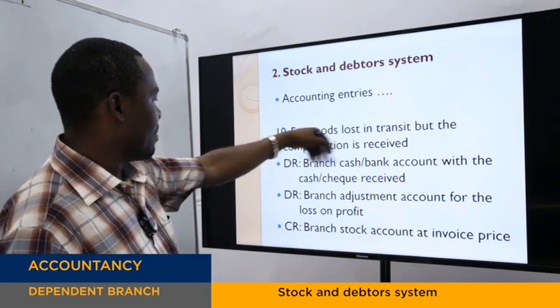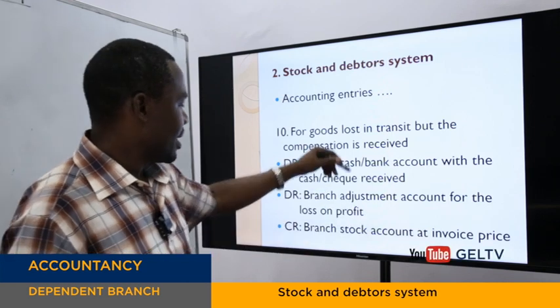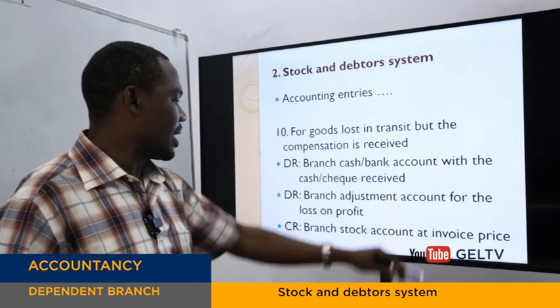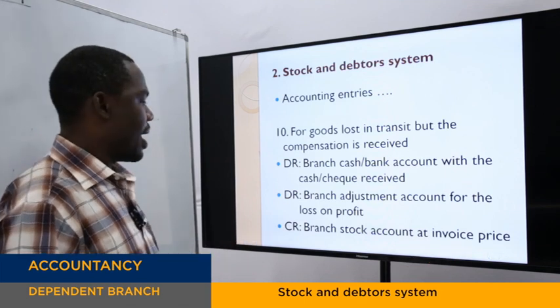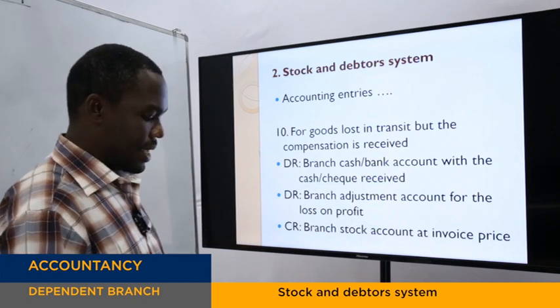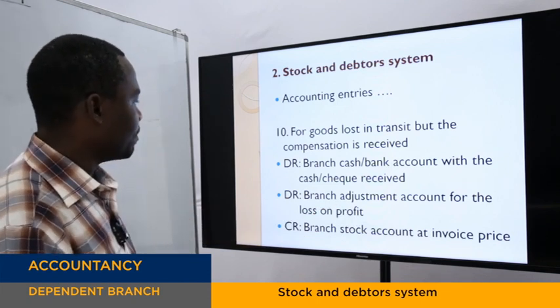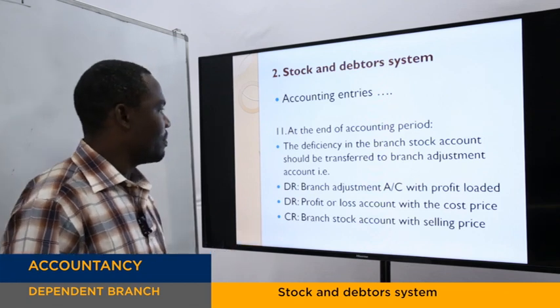So we debit the amount compensated, and we debit again the difference between compensation and the actual loss. So the difference will be to branch adjustment, and this will be reducing our profit at the end of the year, of the accounting period.